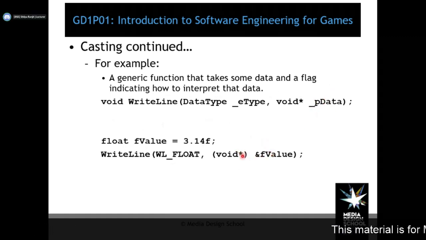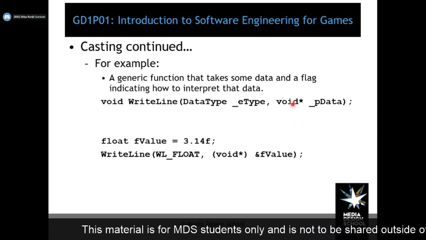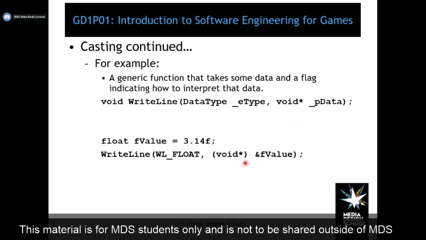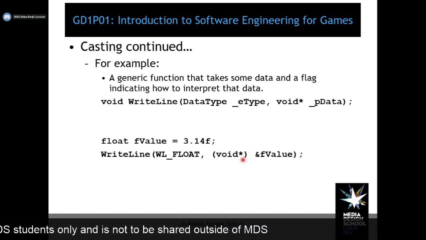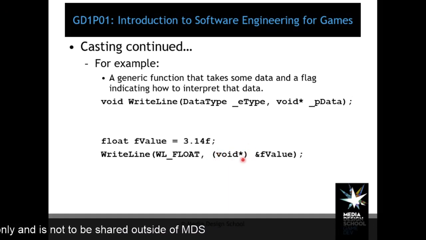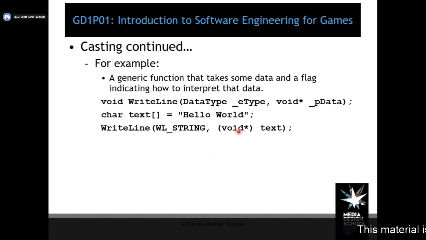But what am I doing? Since the type of the pointer is a void pointer, I am explicitly typecasting it to void asterisk in brackets. So this is an example of explicit typecasting. Even in the previous case, I was explicitly typecasting the text to void asterisk using the same explicit casting method.